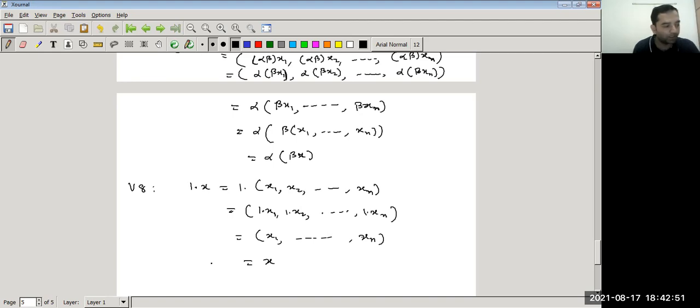So therefore, because it satisfies all the 8 properties, hence R^n over F is a vector space over field F.